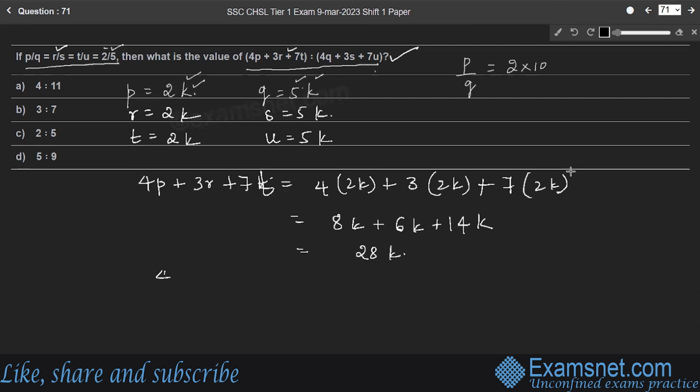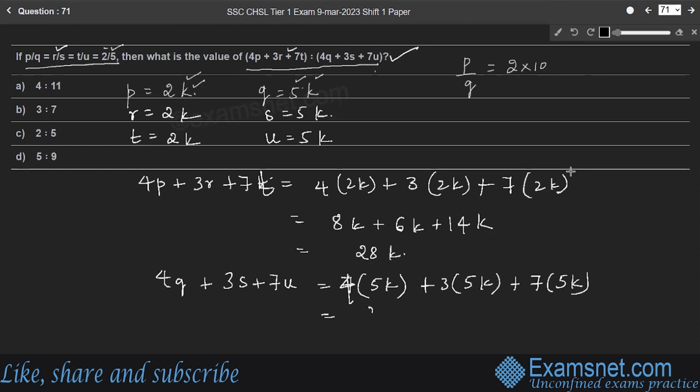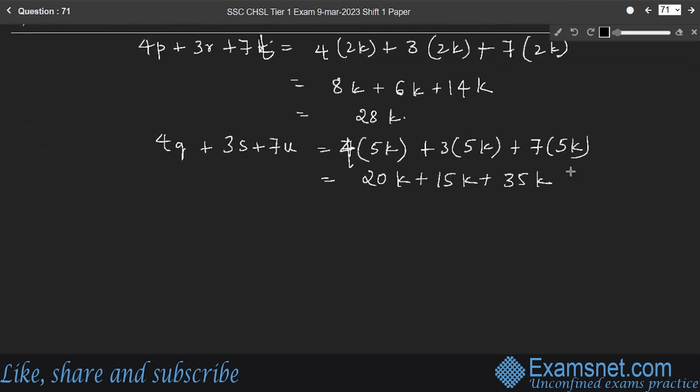So 4Q plus 3S plus 7U. Since Q is 5K, 4 into 5K plus 3 into 5K plus 7 into 5K, which is equal to 20K plus 15K plus 35K, which is equal to 70K.